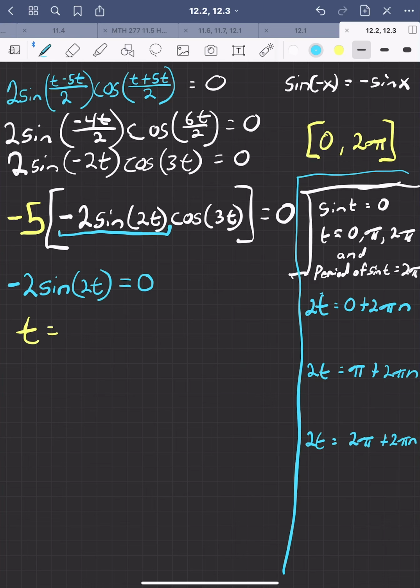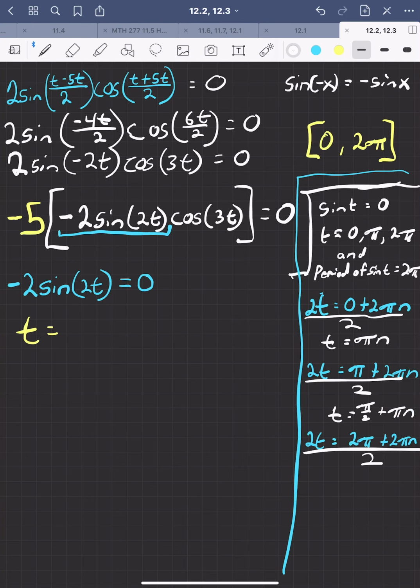And now if I just divide both sides by 2, then what I get is t is equal to pi n. Then I get t is equal to pi over 2 plus pi n. And then I get t is equal to pi plus pi n.